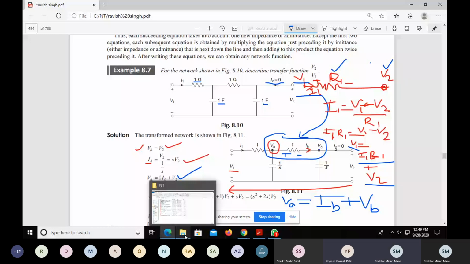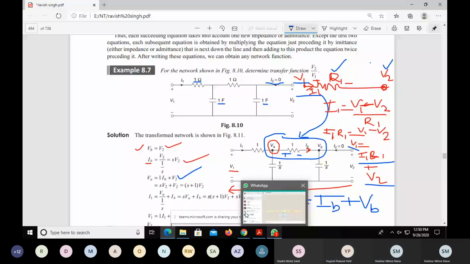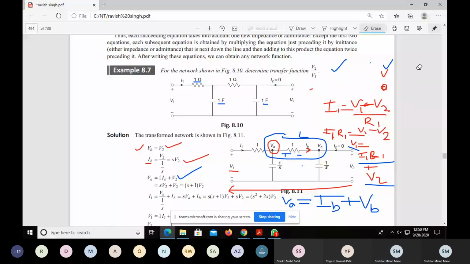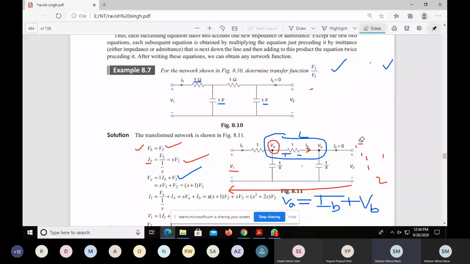So in this way, for our next assumption, that is VA, VA is our next assumption, and we have to write VA in terms of V2.